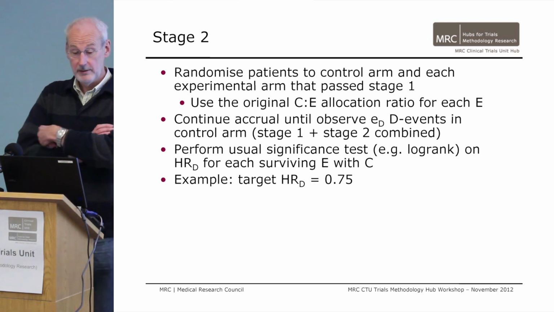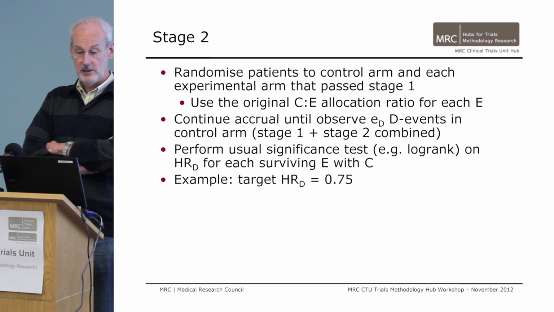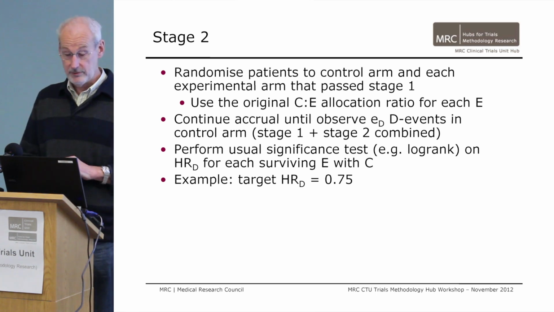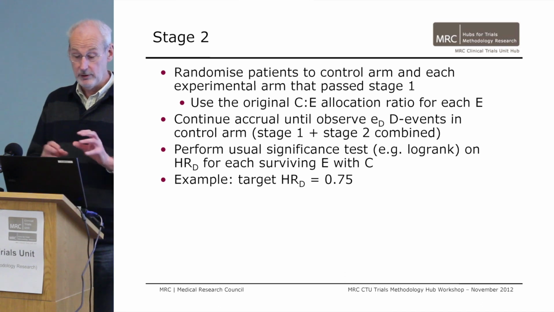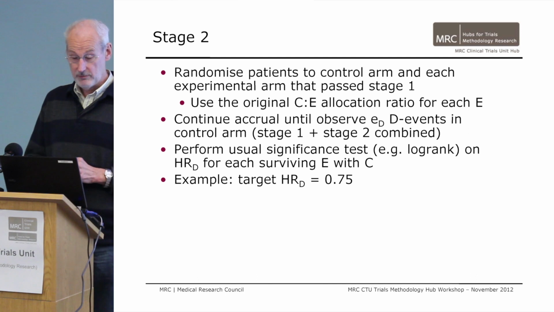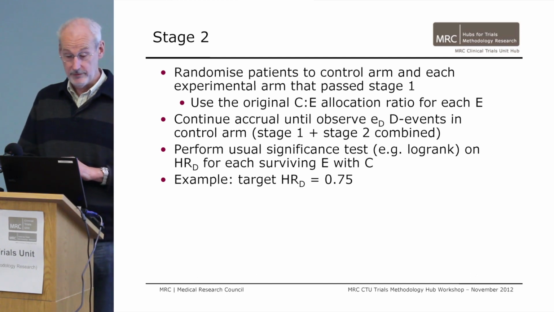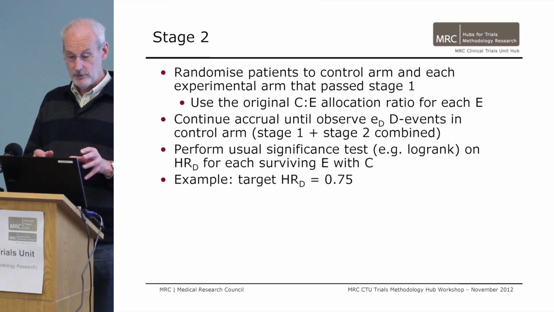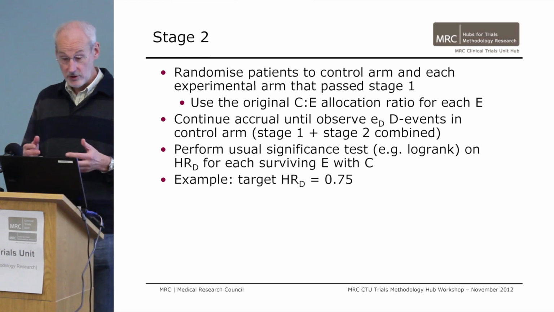Okay, that's stage 1. So in stage 2, the second stage, patients are still continued to be recruited, of course, to the control arm and to all the experimental arms that passed the first step. We use the original allocation ratio, that doesn't change, but the numbers of patients going to each of these arms may change, of course, if some have been omitted. And we continue this accrual process until we see a certain number, ED, of definitive events in the control arm.